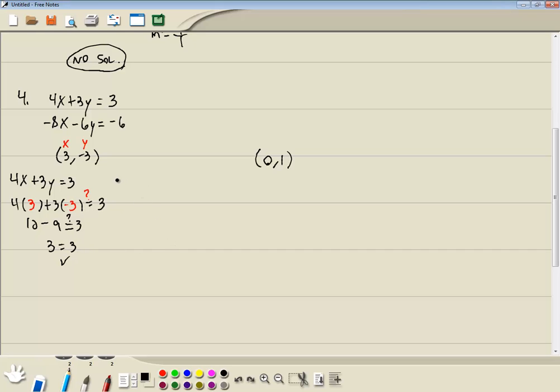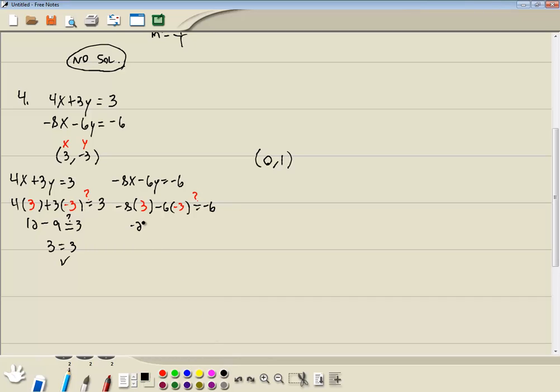We also need to plug it into the other one. So I got negative 8x minus 6y is equal to negative 6. And we're going to put parentheses where our variables were before we plug in our numbers. Again, x was 3 and y is negative 3. And this is more of a question mark at this point.